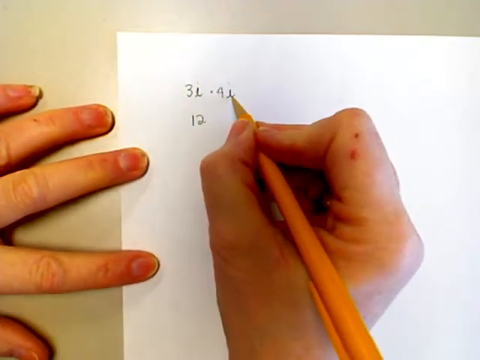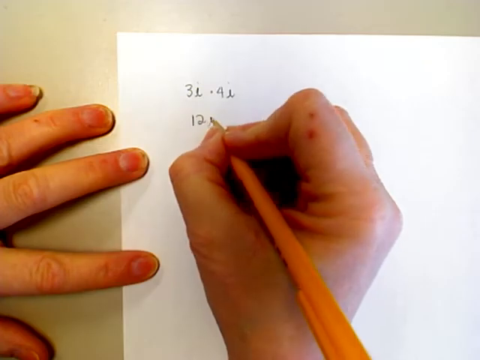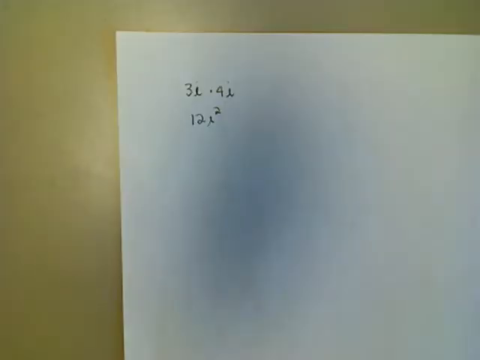But then i times i is i squared, because we have to add those exponents. Now, this isn't simplified because you know that i squared equals something else. You have the pattern written down. And before you start the homework and practice, I would write that pattern on your paper so you have it right there.